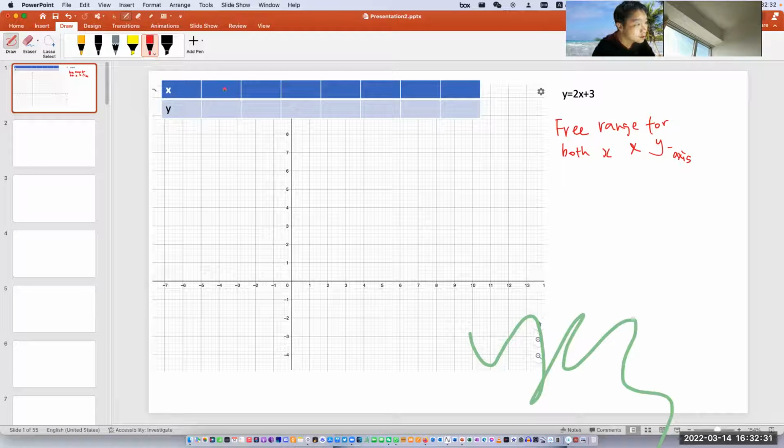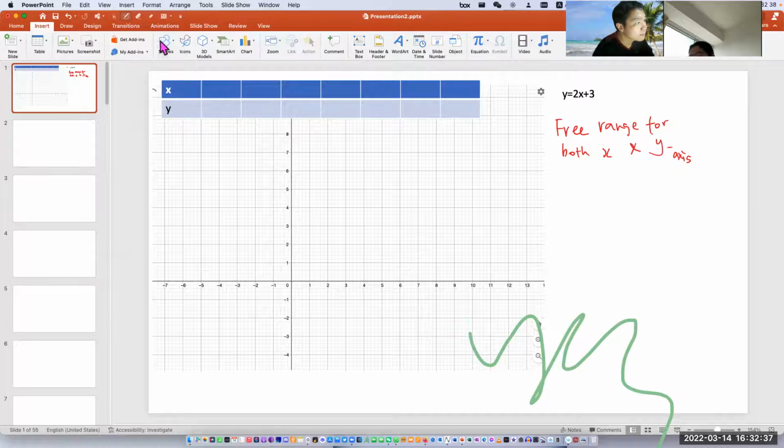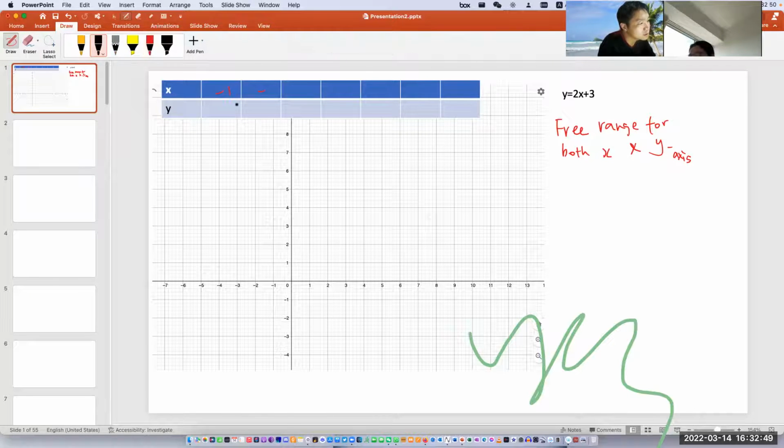So for the numbers for x, like I say, you can choose anything, but I would suggest you choose -1, then 0, then 1, 2, 3, 4, and 5.